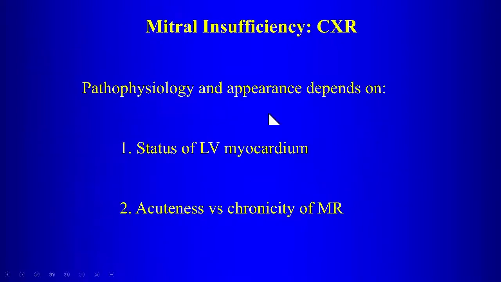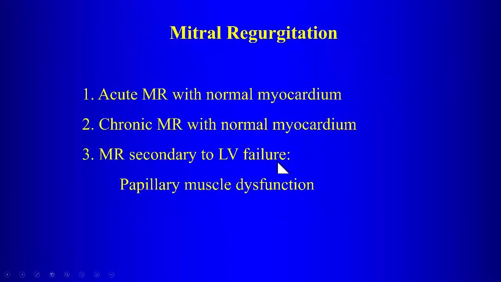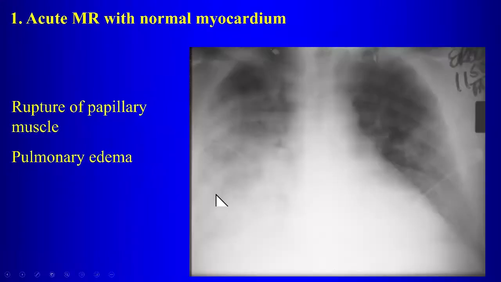Now, the pathophysiology and the appearance depend on the status of the left ventricular myocardium and whether it is acute or chronic. You can have acute mitral regurg with normal myocardium, chronic mitral regurg with normal myocardium, mitral regurg secondary to left ventricular failure from papillary muscle dysfunction in patients with ischemia.